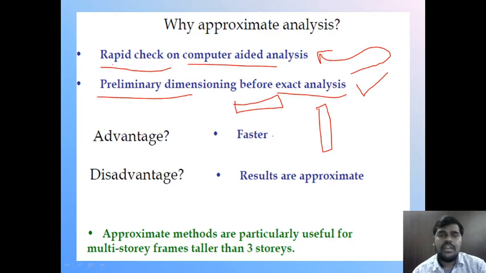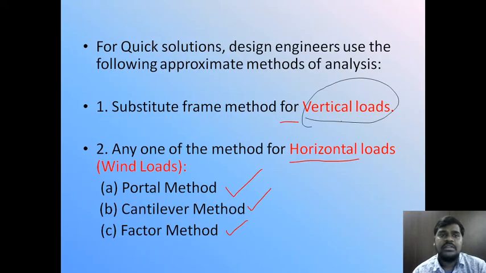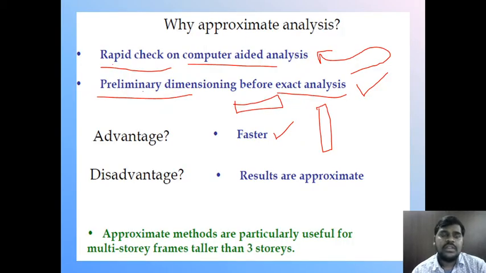So what is the advantage of this approximate analysis? The advantage is that we get much faster solutions when compared to the other traditional methods. That is the reason, as in the previous slide, for quick solutions. So what is the disadvantage? When we have an advantage for a work, we also have a disadvantage.